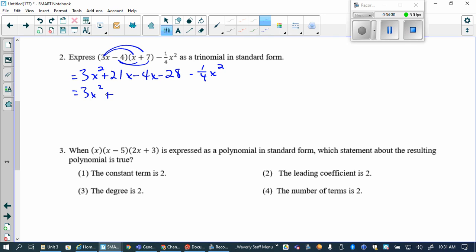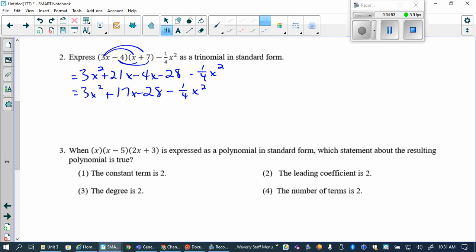Oh, 7.1. What we're just doing there, 7.1 was really just like combining like terms part of this in standard form, right? So what's that? Plus 17x minus 28 minus 1/4 x squared.